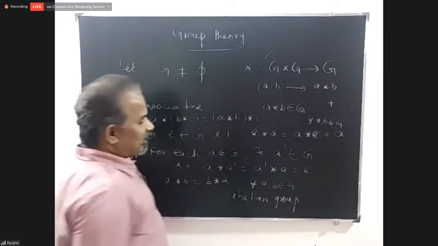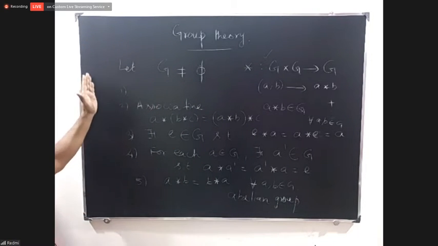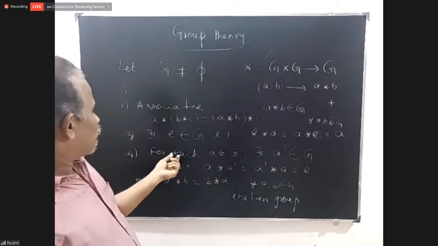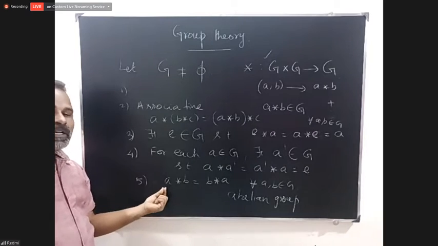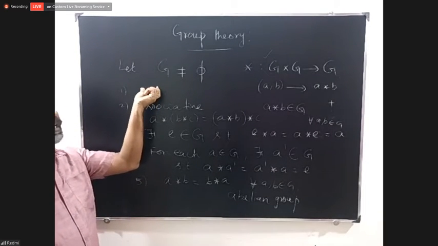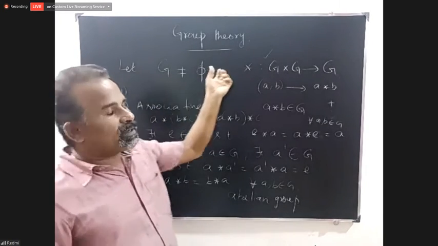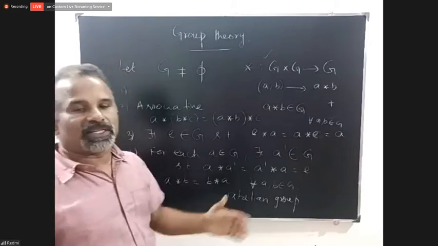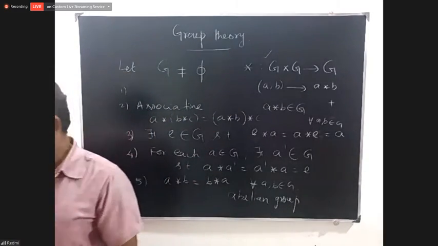The most important thing is to find the existence of identity, the inverse for each element, and the closure property. Associativity will be satisfied in almost all sets over the real numbers.